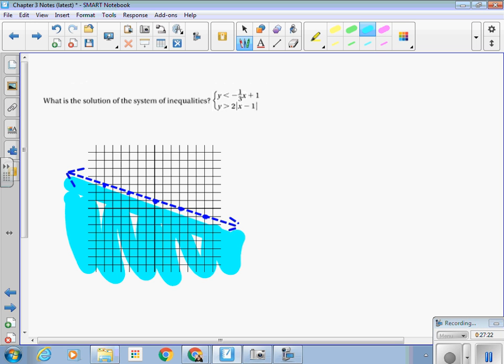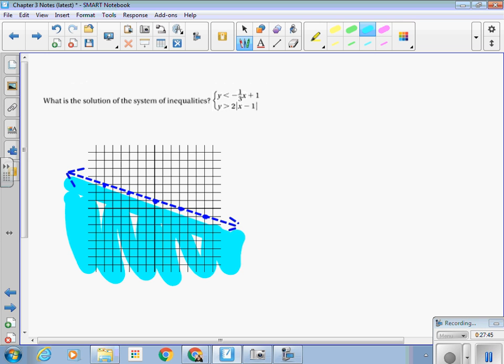And then my other guy is an absolute value. He's normally V-shaped. So not only is this guy V-shaped, but he's an upward-facing V-shape since we have a positive value in front of the absolute value. And he's also shifted to the right 1 and has a vertical stretch of 2.